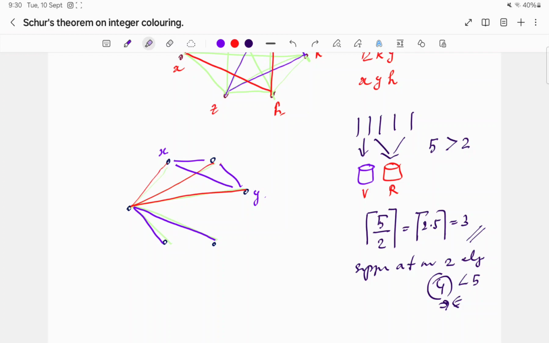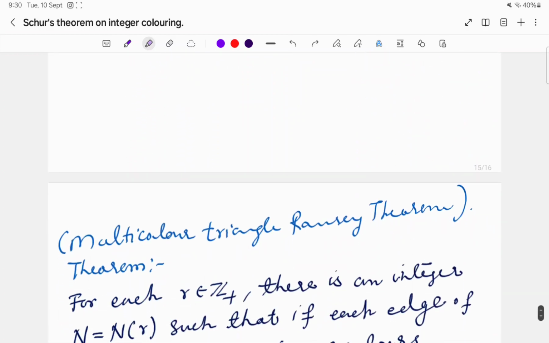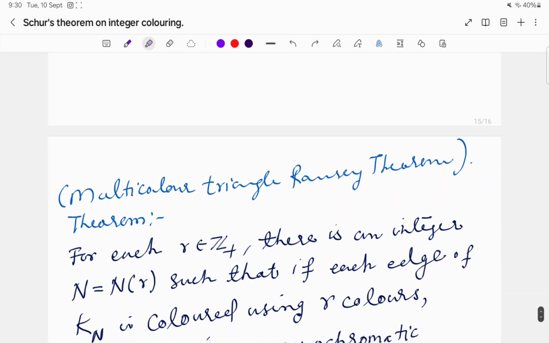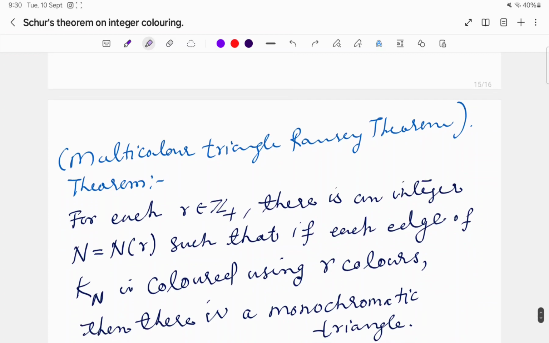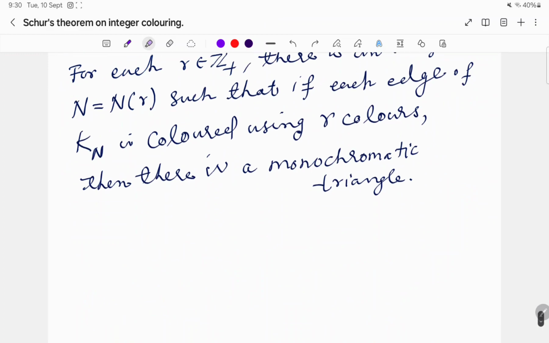Okay, now we'll go for the multicolor triangle Ramsey theorem. So what is meant by that? I think you remember complete graphs. So when I say complete graph on 3 vertices, that means every 3 vertices connected by edges.